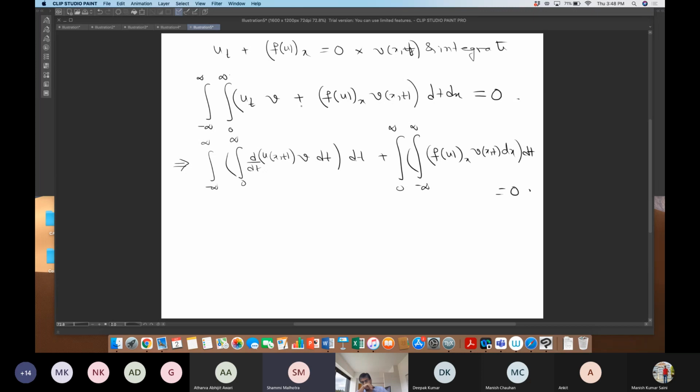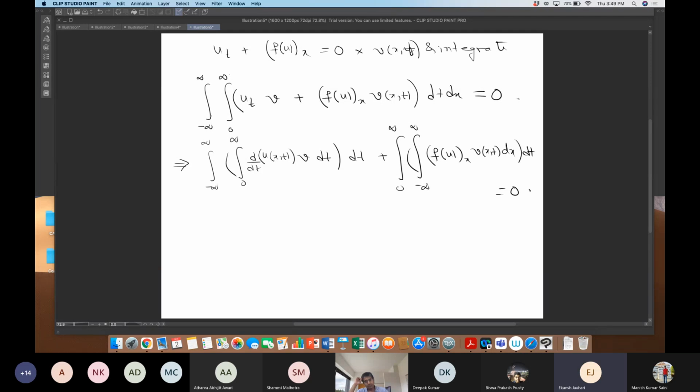Fubini's theorem. I am saying that whether you do the first integration from 0 to infinity or from minus infinity, it is the same.